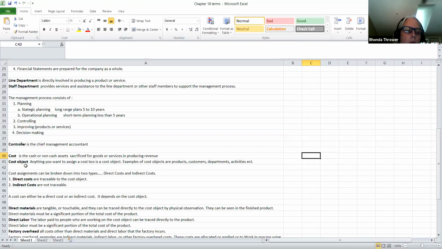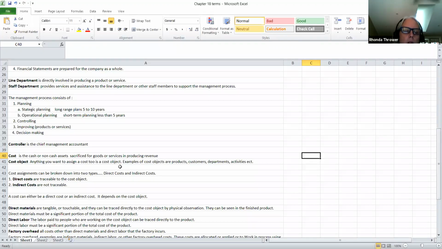A cost object is an important term that we are going to be talking about a whole lot in managerial accounting. And a cost object is anything that you want to assign a cost to.